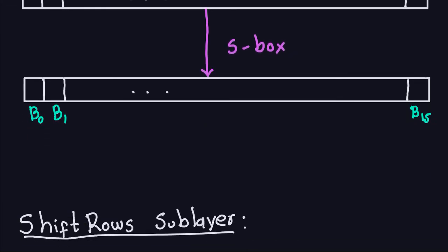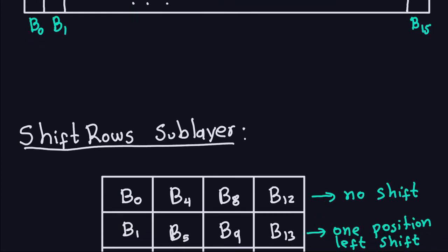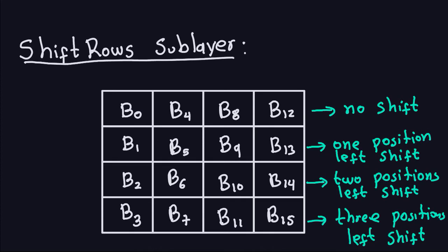All right, so how does the shift rows sublayer work? The first thing you're going to do is imagine that you have a rectangular array, or matrix, and you organize your bytes in this way. I have four rows, 1, 2, 3, 4, and four columns, 1, 2, 3, 4.